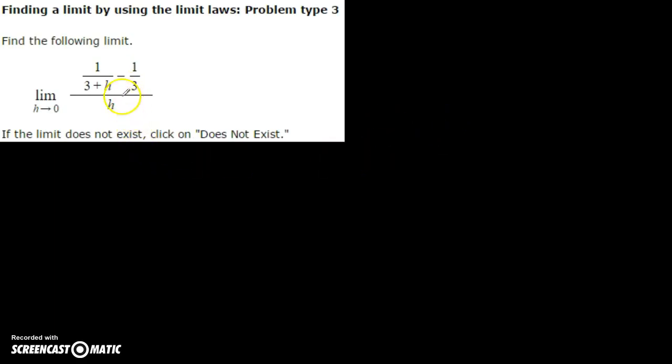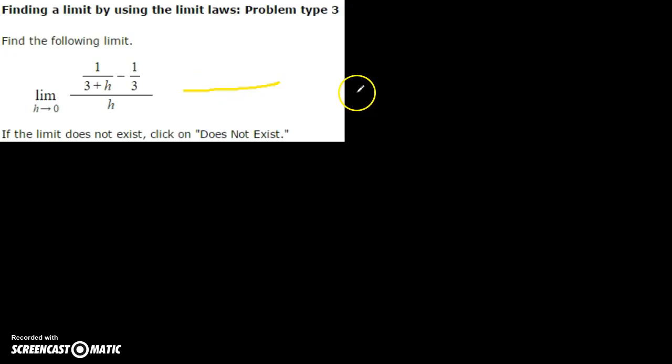Now, if you look at this example that we have here, it is a little bit more complex, right? First of all, if I just automatically substitute 0 into my h, I'm going to have something on the top over 0, and this is undefined. Which means I can't do that.